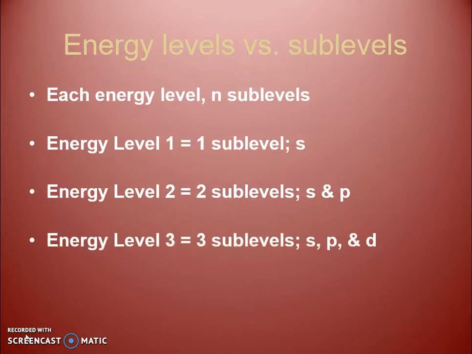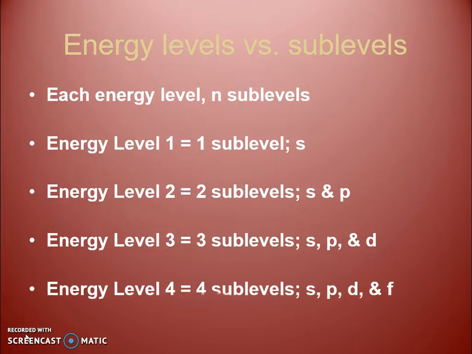In the 3rd energy level, we have 3 different sublevels, the S, the P, and the D. So now we have 9 orbitals in total, because you have 1 S with 3 Ps and 5 Ds. And then lastly, the 4th on out, you have 4 sublevels, S, P, D, and F now. 1 plus 3 plus 5 plus 7 gives us 16 orbitals in total, again, from the 4 different sublevels.